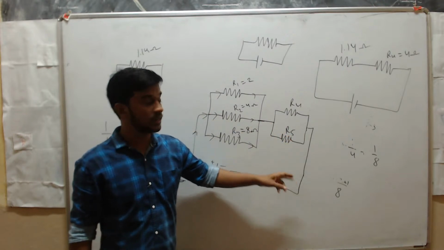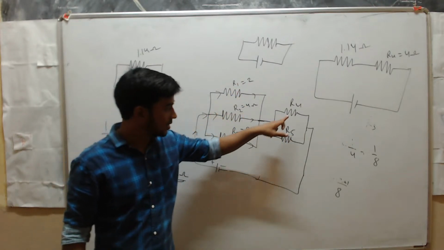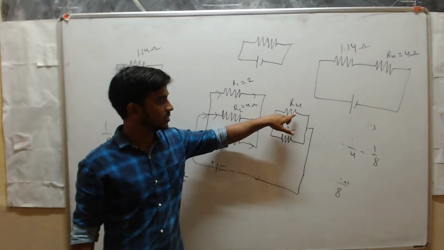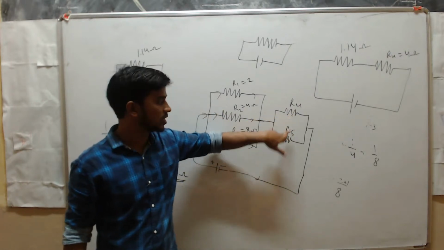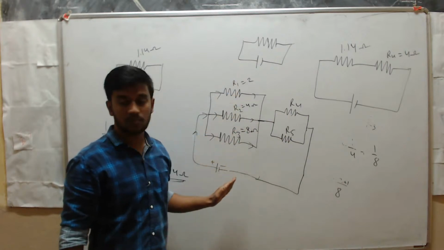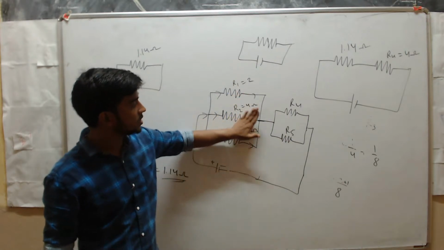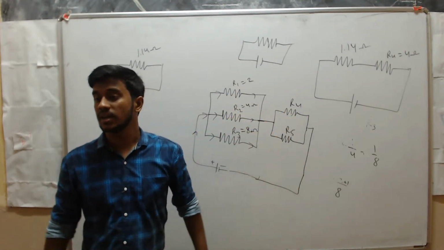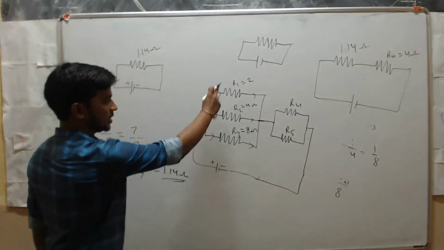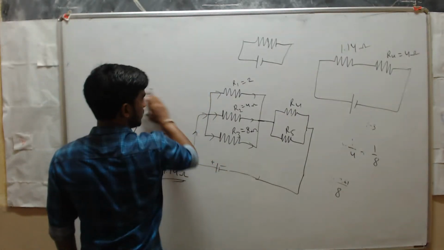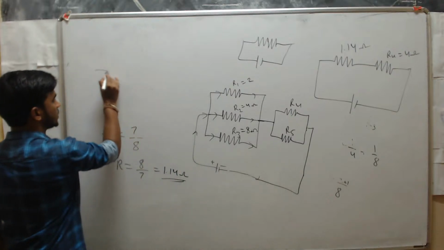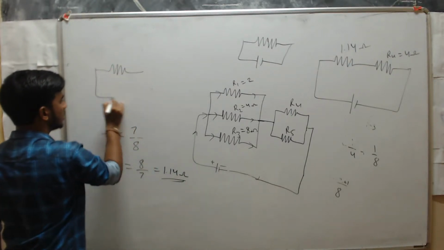Are you getting my point? If you solve these 3 resistors, it will become one resistor, right?